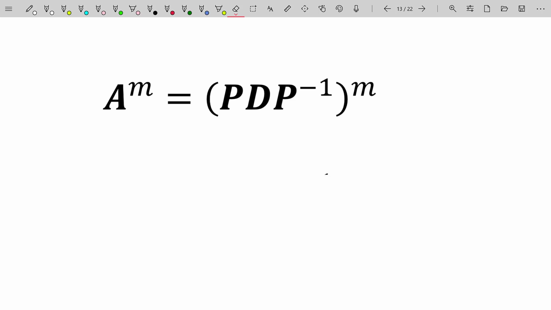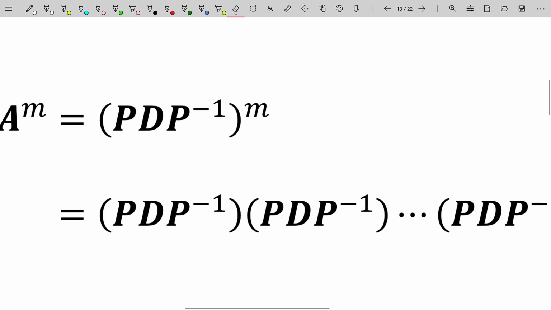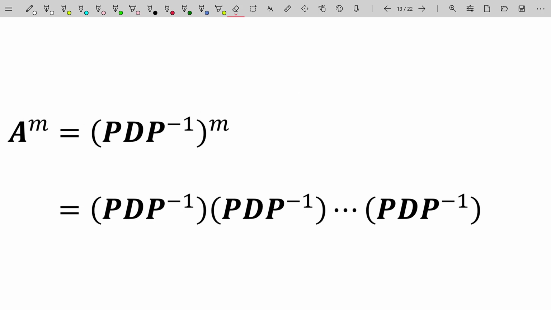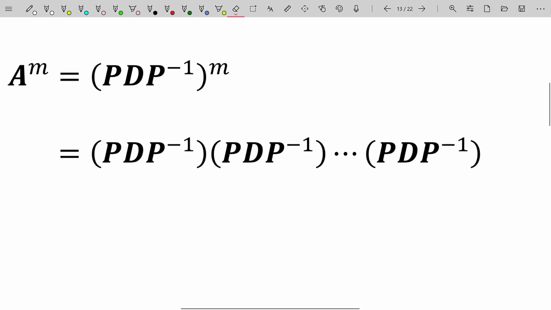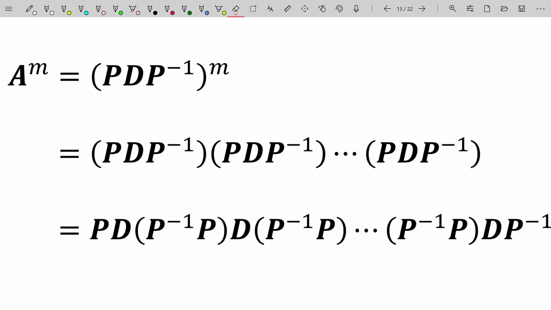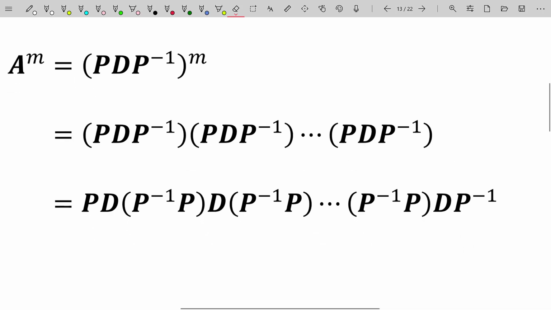Which, by the way, if you were to expand that right-hand side out, it would become this. This is n of those products. So it's PDP inverse times itself n times. But you're more than welcome to associate the multiplications differently. Instead of PDP inverse, PDP inverse, PDP inverse, you could write it as P times D and then P inverse P, D, P inverse P, D, P inverse P, and at the very end, you'll have a D, P inverse.